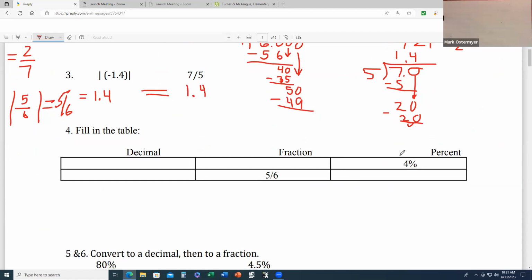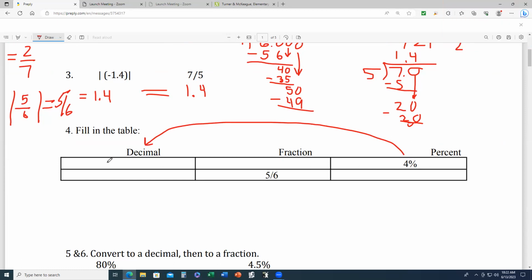What's 4% as a decimal? You know how to change a percent to a decimal? 4 over 100. Well, that's what it is as a fraction, correct? And 4 over 100 can reduce by 2 down to 2 over 50.